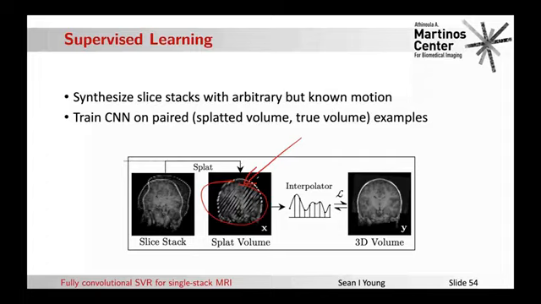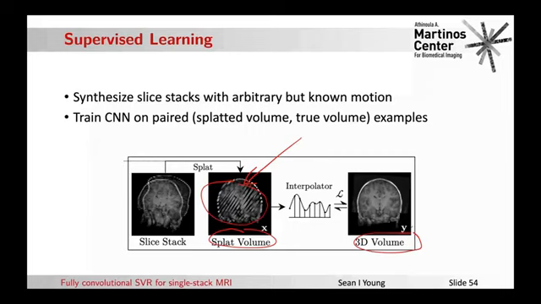But what we can do is self-supervised interpolation, right? So if we have another pre-trained U-Net model that can go from a splat volume, so a warped volume using the motion that we predicted, to something that is closer to the underlying 3D volume, we can use that as an interpolator.